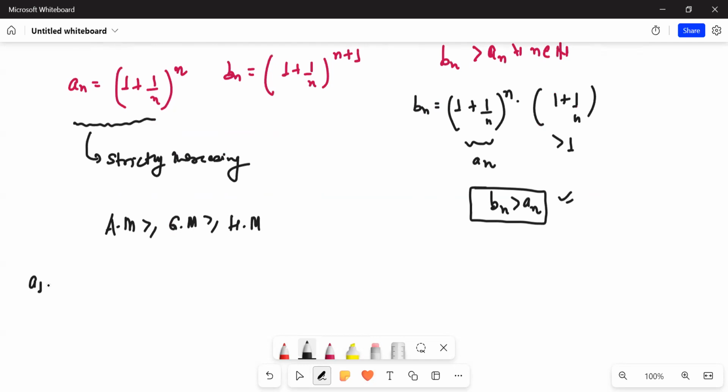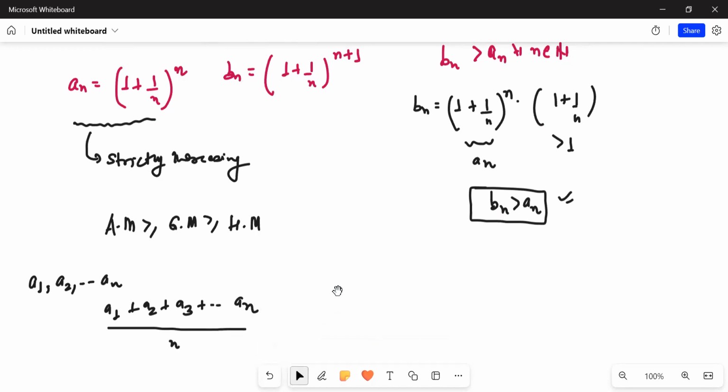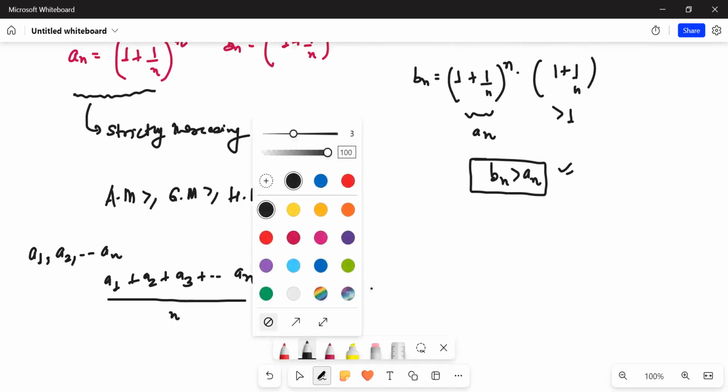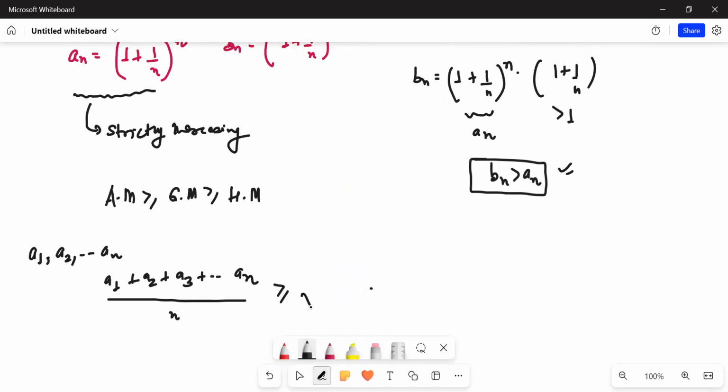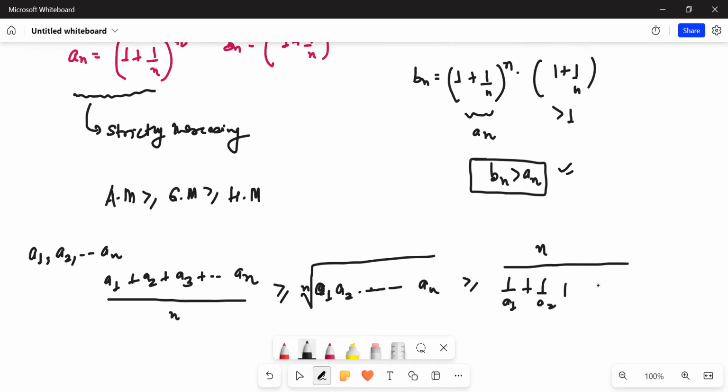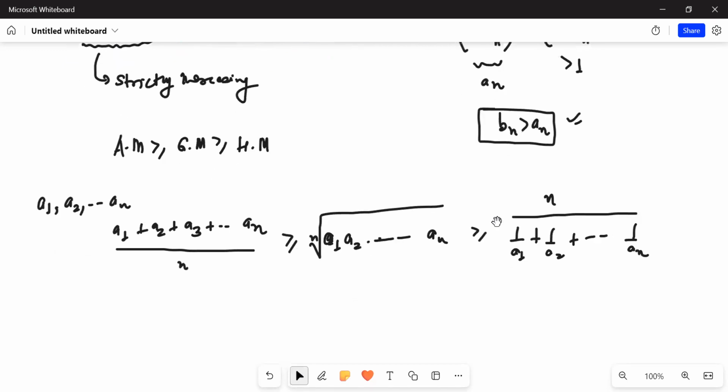So basically, if you have n positive numbers a1, a2, a3, ..., an, then (a1 plus a2 plus a3 ... plus an) divided by n, which is the arithmetic mean, is greater than or equal to the geometric mean, which is the nth root of a1 a2 ... an, and it is greater than or equal to the harmonic mean, which equals n upon (1 upon a1 plus 1 upon a2 ... plus 1 upon an). So this is the harmonic mean of n numbers, this is the geometric mean, and this is the arithmetic mean. This is one of the fundamental inequalities.